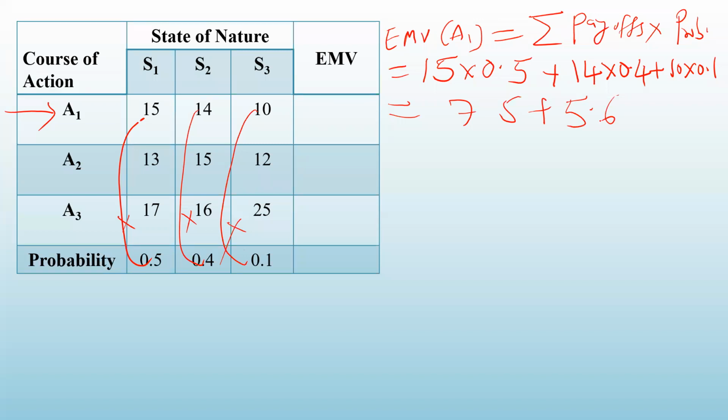Then 10 into 0.1, it is 1. Correct? Now add these numbers. 7.5 plus 5.6 plus 1, how much? 14.1. That means the EMV of this course of action is 14.1. So in this column, you write down this.